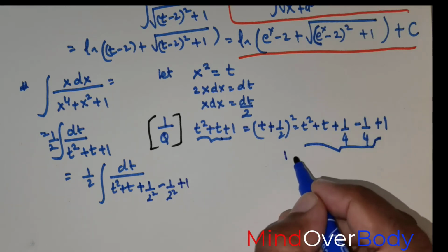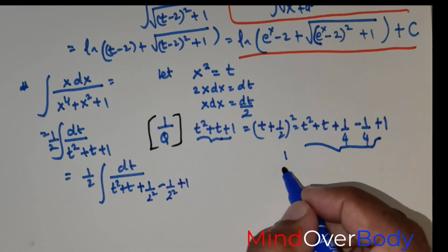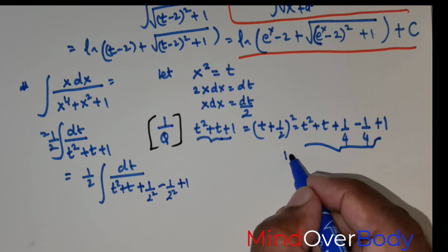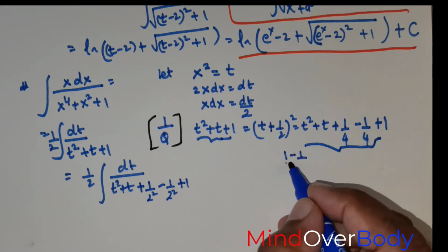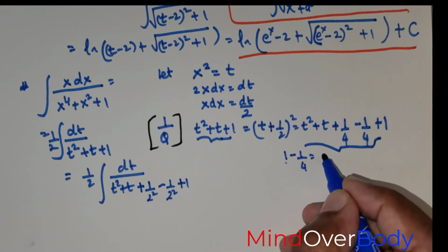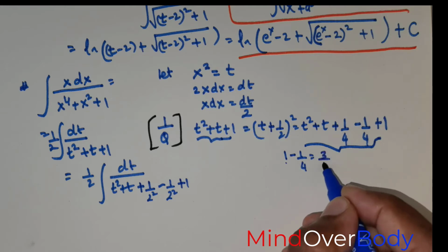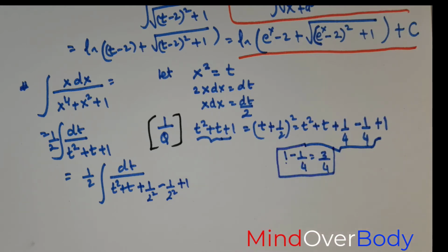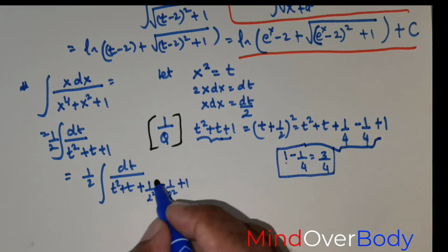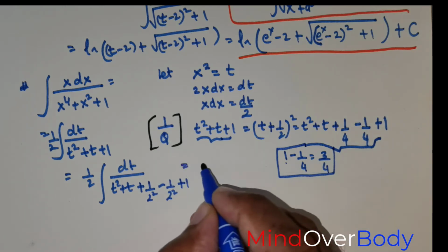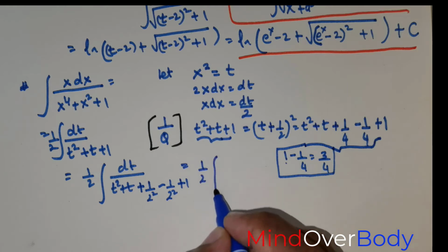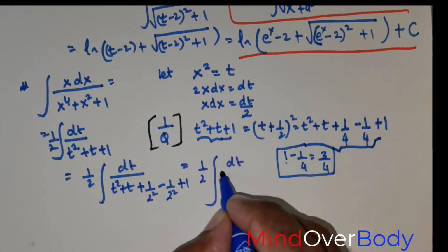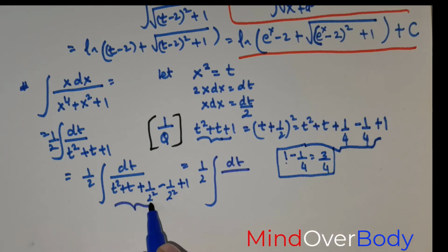Now let me find out what happens when you add negative 1 over 2 raised to the power of 2 with 1. So that's going to be 1 minus 1 over 4, which is going to be 3 over 4. So that would be the value that we are getting. So I'm going to rewrite this as 1 over 2 times integral dt over, so this entire thing can be clubbed.